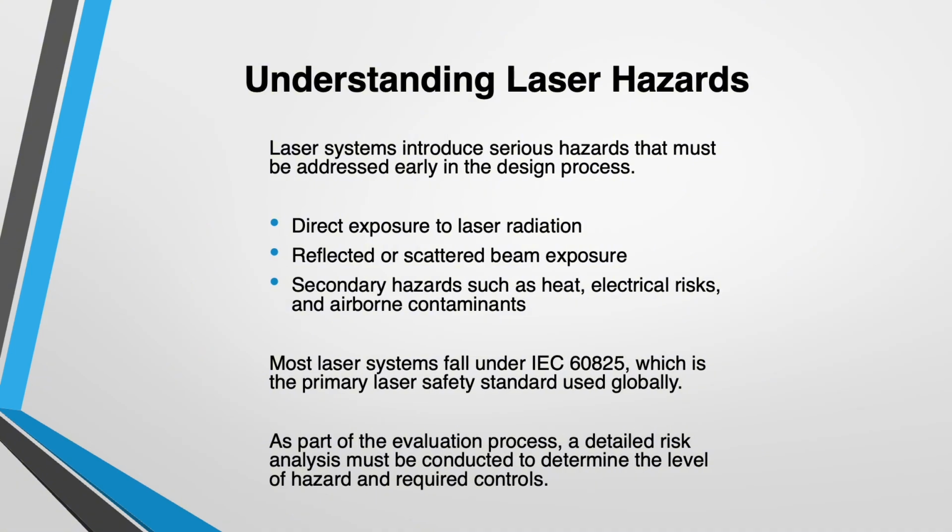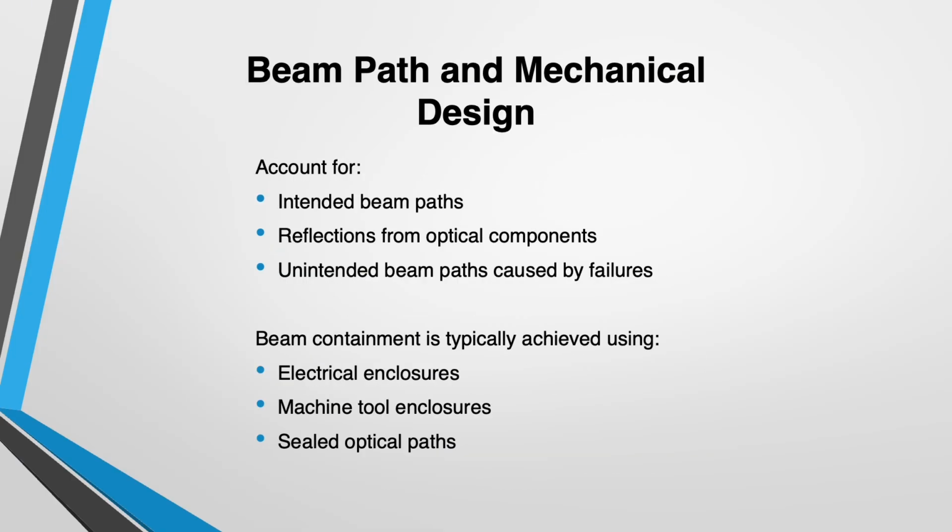As part of the evaluation process, a detailed risk analysis must be conducted to determine the level of hazard and required control. One of the most critical aspects in industrial equipment safety is the beam path. You need to account for intended beam paths, reflections from optical components, and unintended beam paths caused by failures.